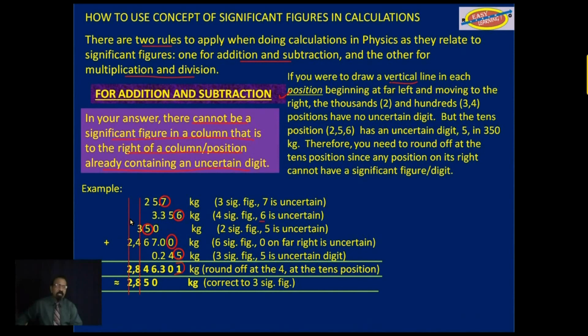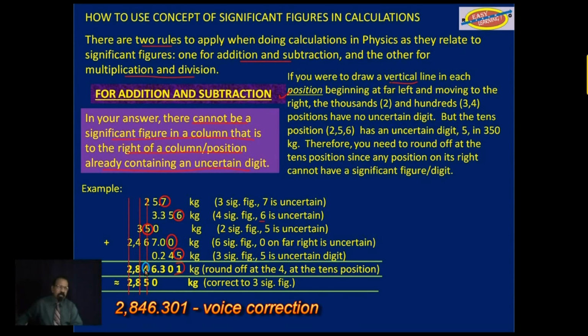However, when you come to the tens position, if you draw that line again, you will notice that there is one uncertain digit there, and that is this 5. So what this rule is saying is that you have to round off at this place value, wherever you meet this first uncertain digit. So we have to round off at this 4.